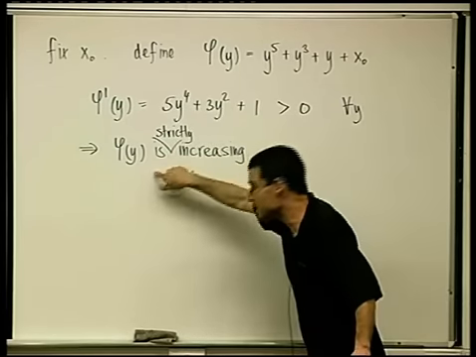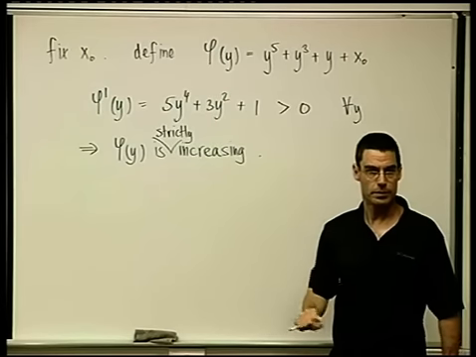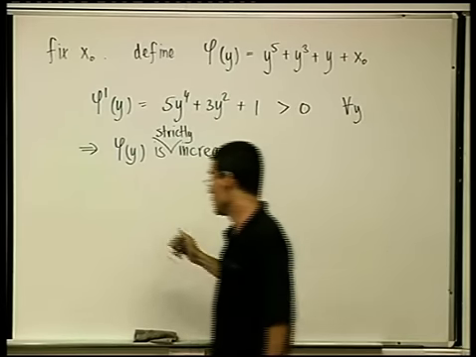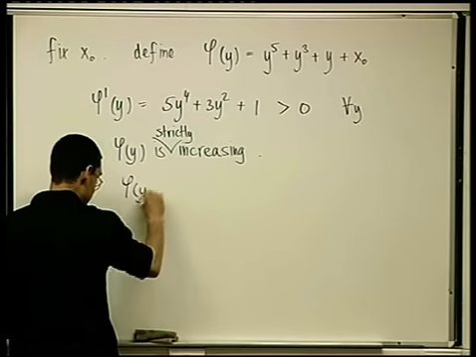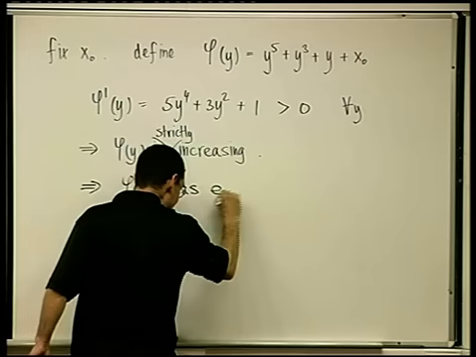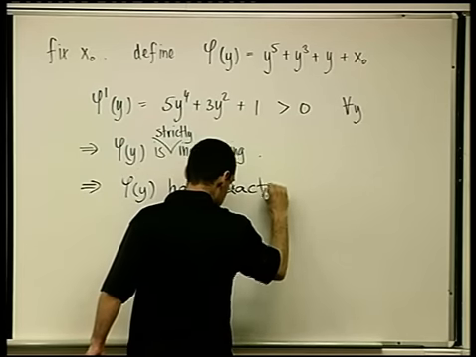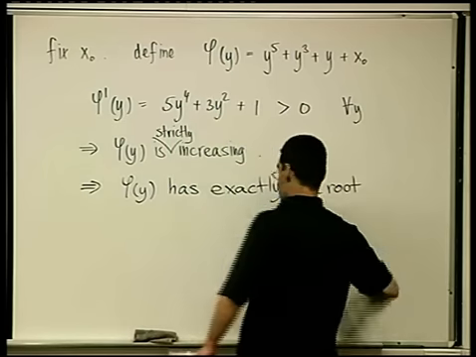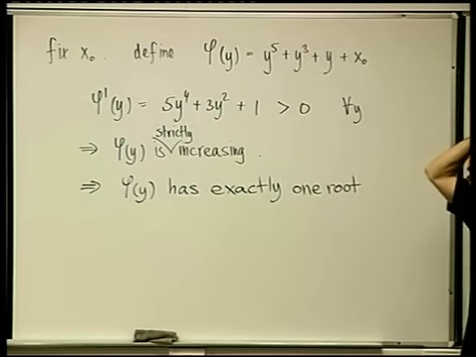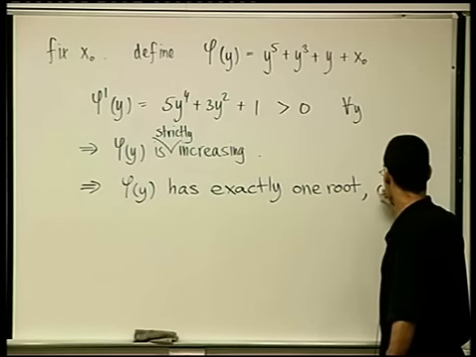But as an increasing function, it has at most 1 root. Do you agree? So we can conclude that phi of y has exactly 1 root. Do you agree?